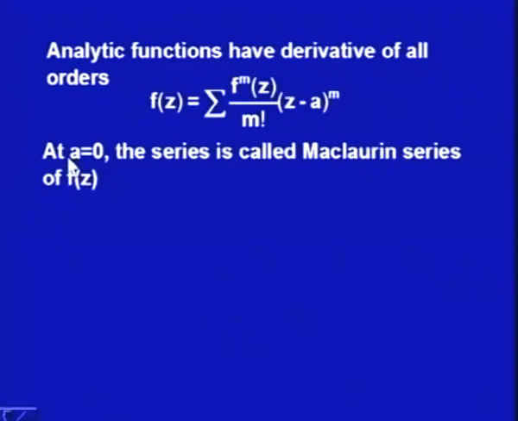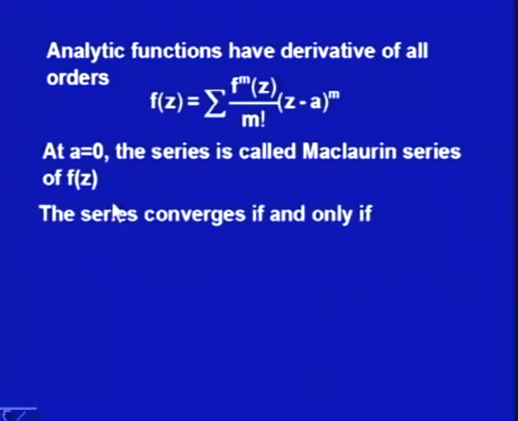At a equal to 0, this series is called Maclaurin series of f(z). The series converges if and only if the limit of R_n(z) tends to 0 as n tends to infinity.